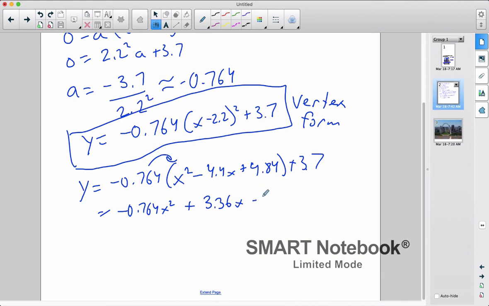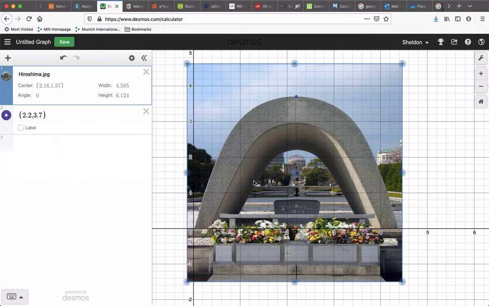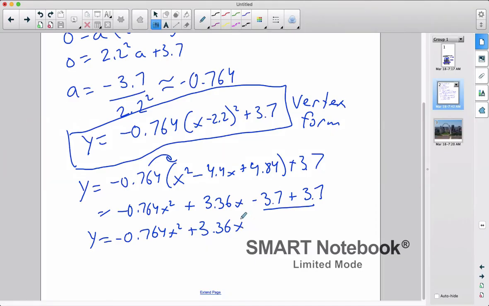Oh, that kind of makes sense because the y-intercept of the parabola should be 0, right? These cancel out and you get 0 as the value right here. In the picture, 0, 0 is the y-intercept, so this should be 0. So this is standard form.